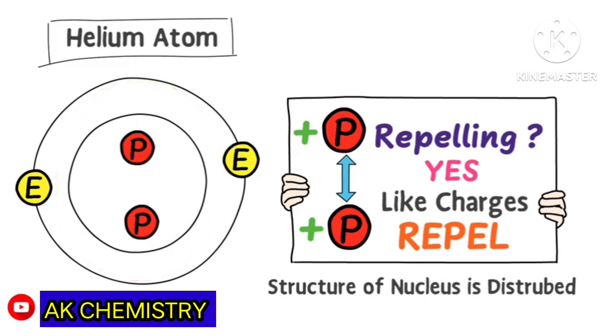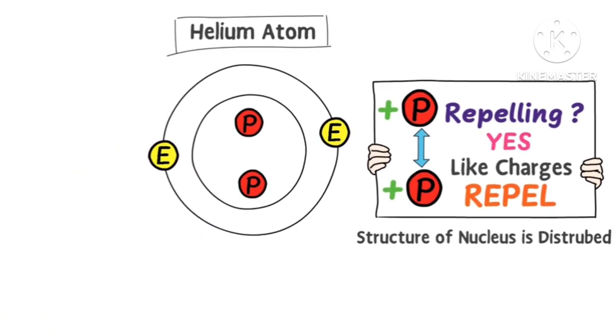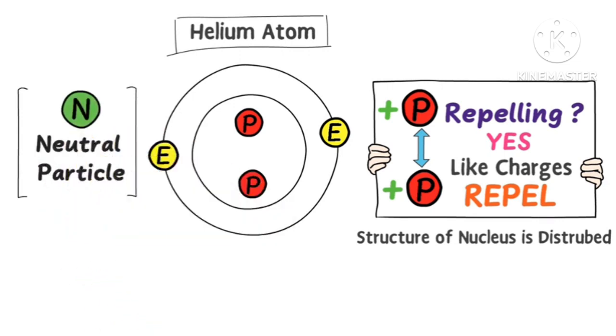Can you guess something? Well, here comes the part of neutrons. As I told you, neutrons are electrically neutral particles. The 2 neutrons in the helium nucleus come into action and separate this positive proton from this positive proton.